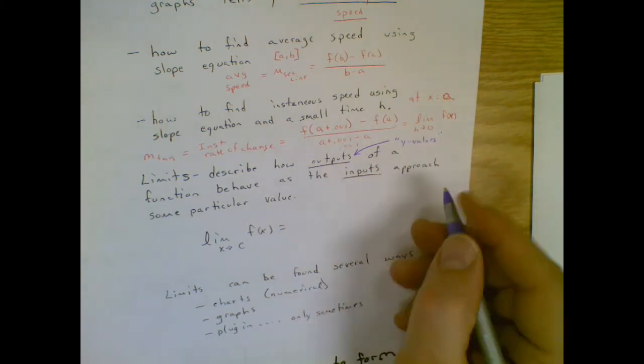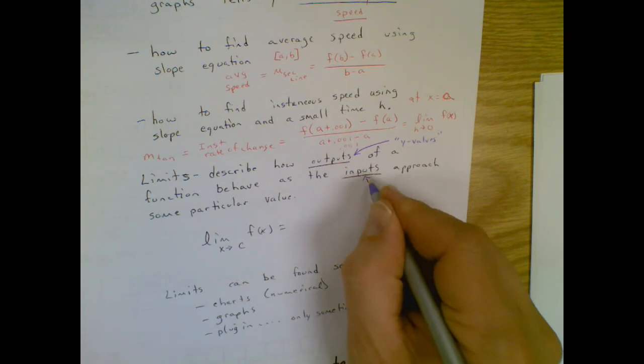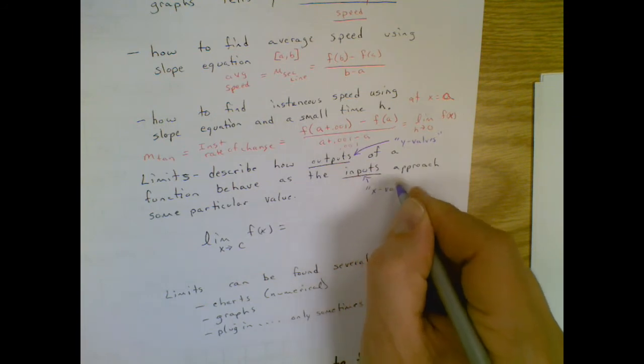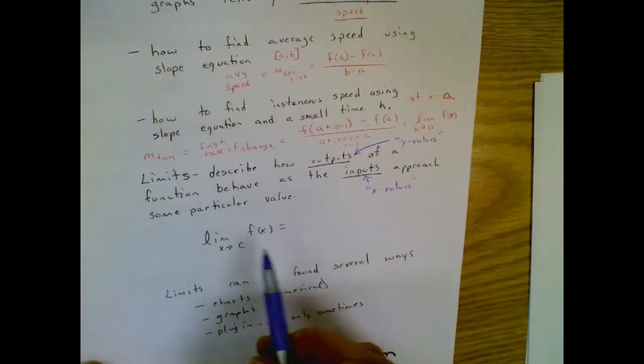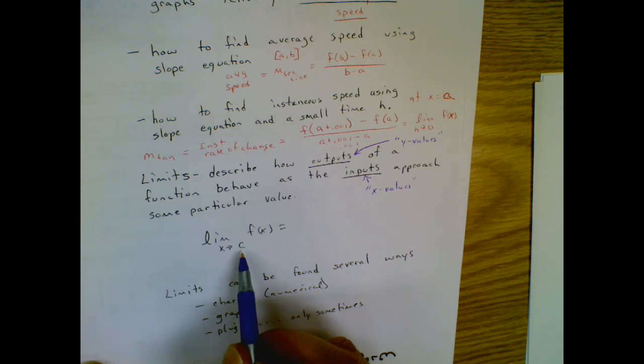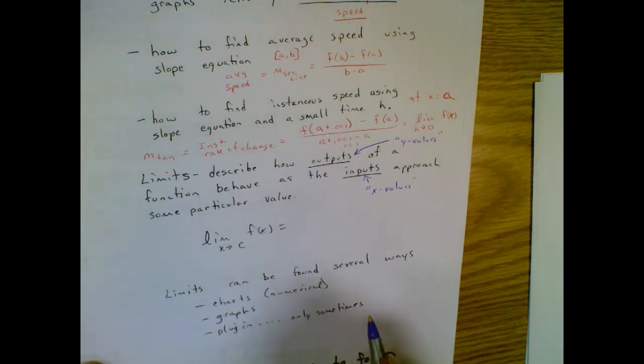As the inputs approach a special number, and some people call those the x values. Okay? They're always written in this form: the limit of some function as x approaches c, where c is a number. You'll see several examples as we go through our work.